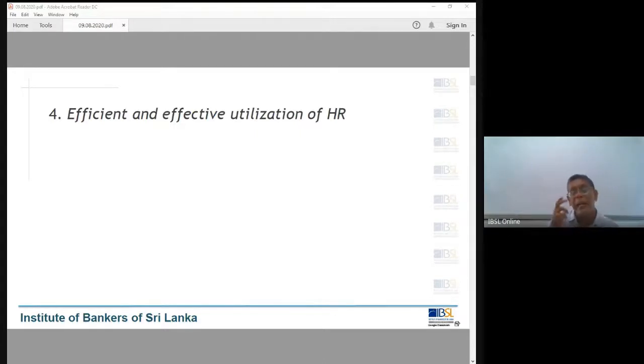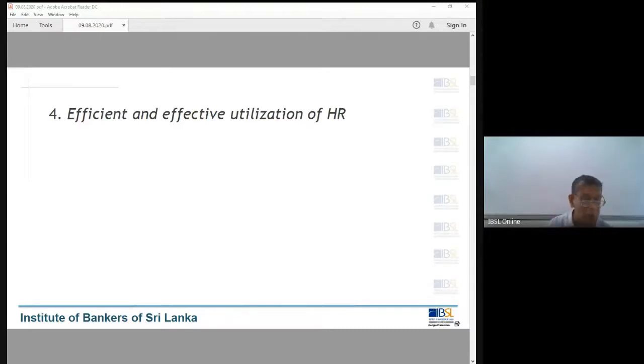Right? Okay. Now let's look at it. What do you mean by efficient? Right? Okay. So efficient means you need to use human resources minimizing wastage. Right? That denotes the right people, the right number, at the right cost.